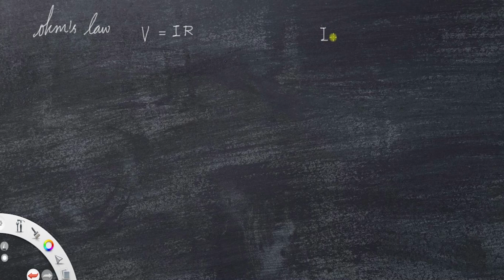Suppose we have the current in the circuit as 2 plus or minus 0.04 ampere. That is the measurement of current with error limits. Let's say the resistance in that circuit is 8 plus or minus 0.16 ohm.